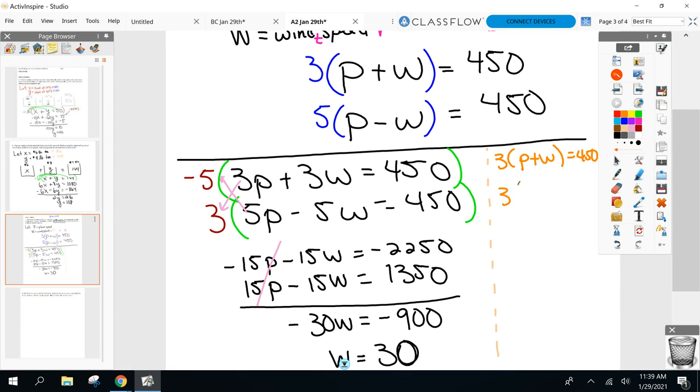So I'm going to plug in 30 for W. So 3 times P plus 30. Distribute your 3 and solve. So distribute the 3. 3P plus 90 equals 450. And then you guys can go from there.